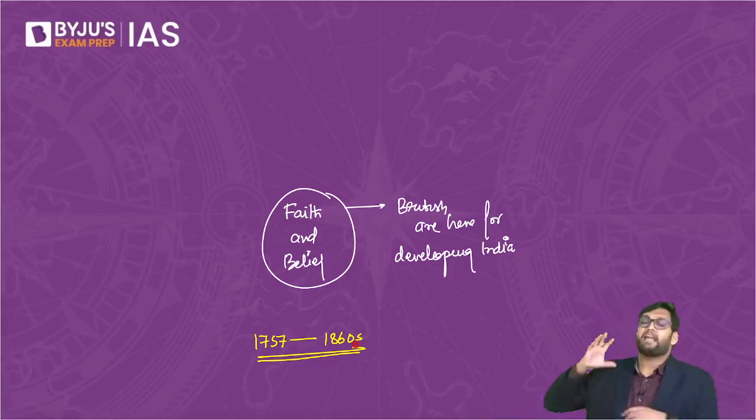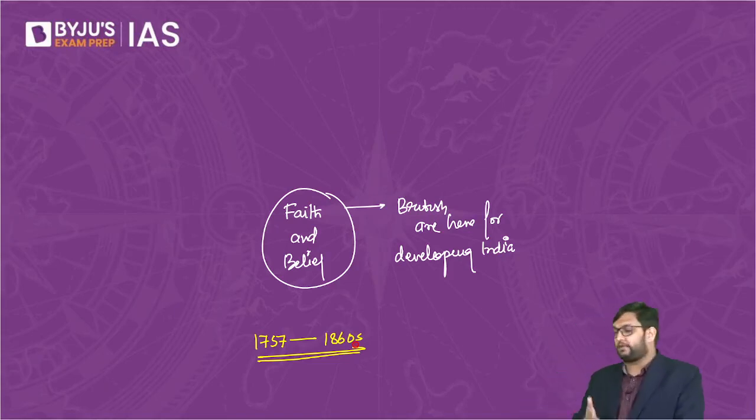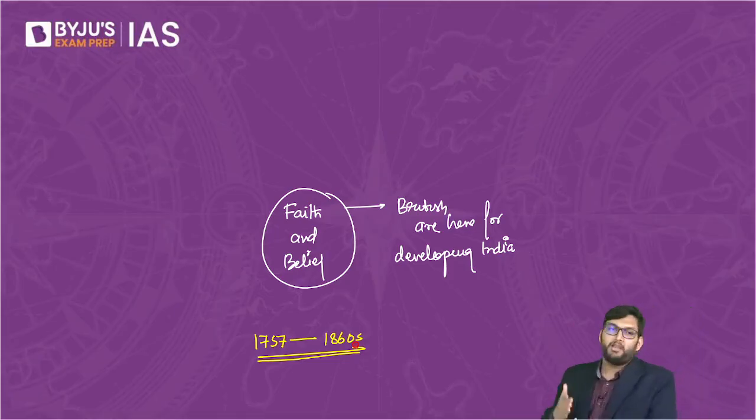But he makes a major argument: that the British have systematically drained wealth from India, which could have been used for the development of India. So it is not the development of the underdeveloped, but the underdevelopment of the developed. He argued for the first time that poverty and famines are not natural, but a consequence of British economic policy.